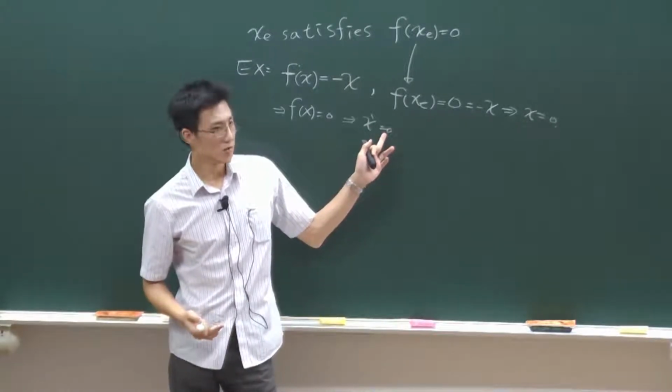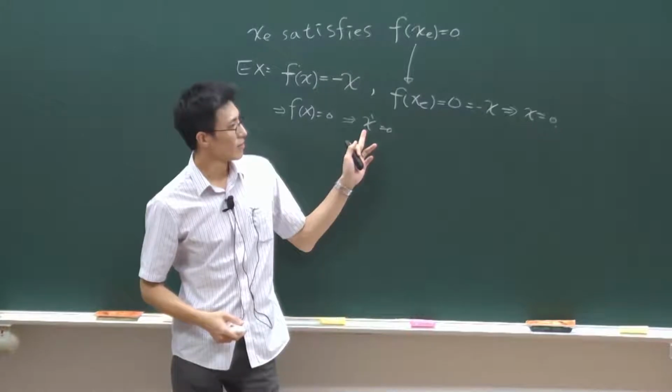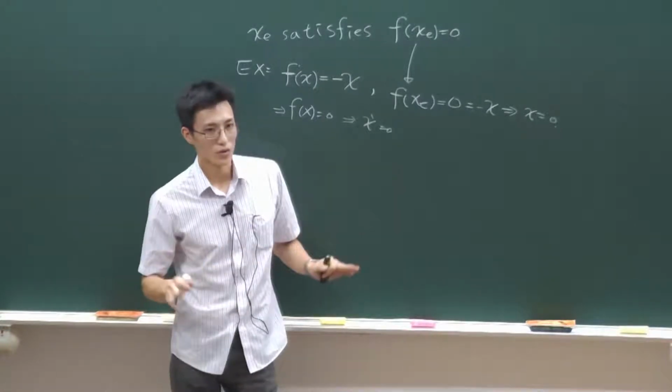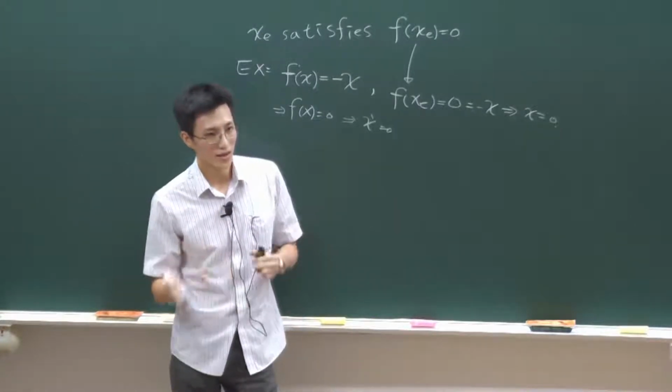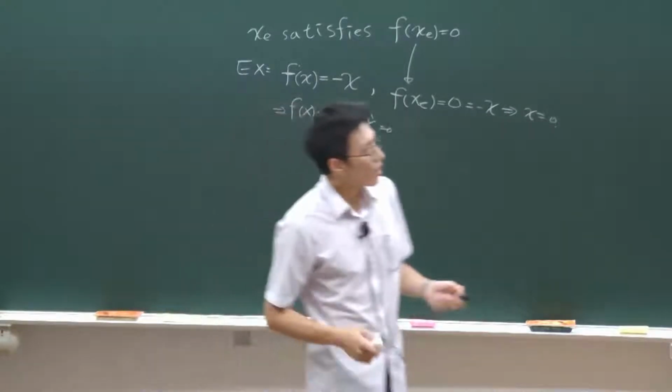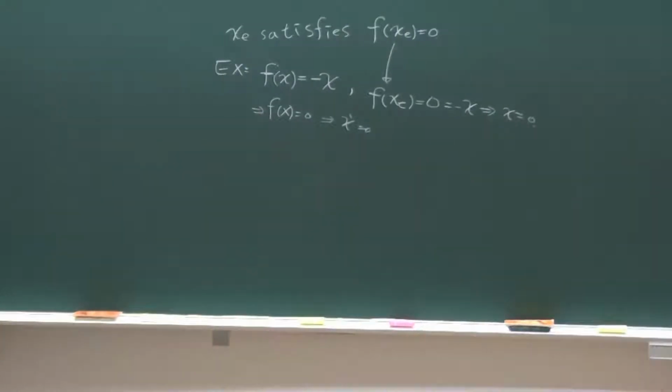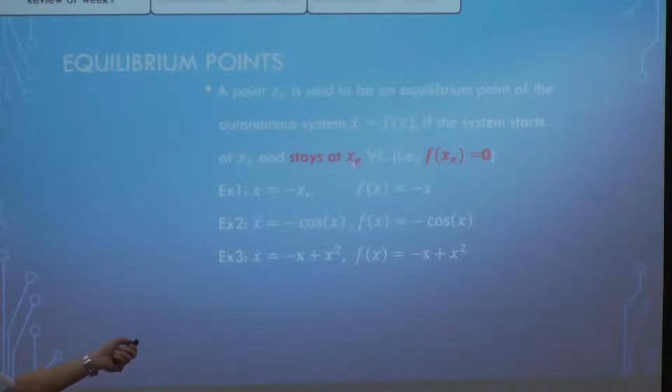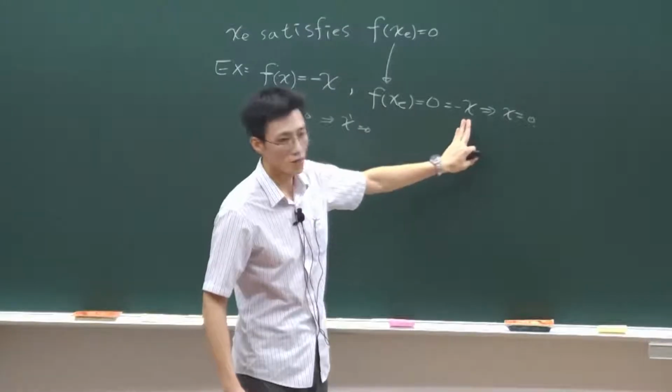If this is 0, that means x doesn't go anywhere. It stays there for all time. That means whenever you substitute x into here, this should be 0. So you can solve for x in the reverse way: you let f(x) equal to 0, then solve for x.